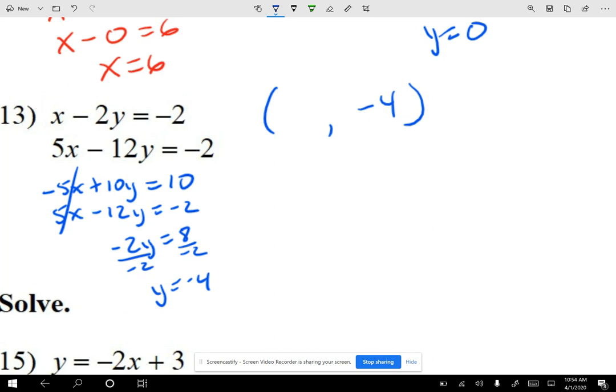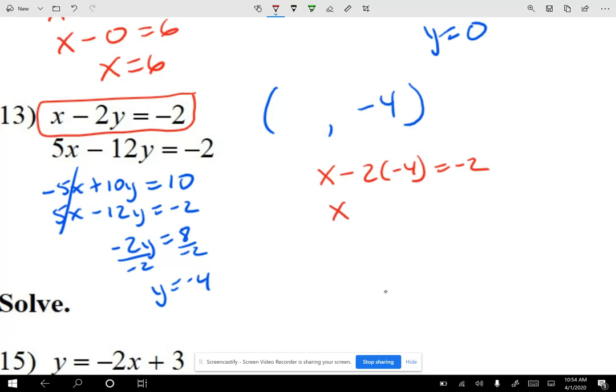Let me use the first equation. You can use any equation. I'm going to use the first one. So I have that x minus 2 times negative 4 is equal to negative 2.